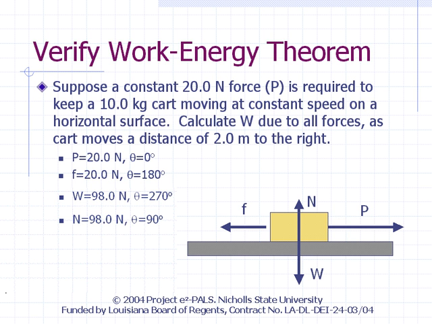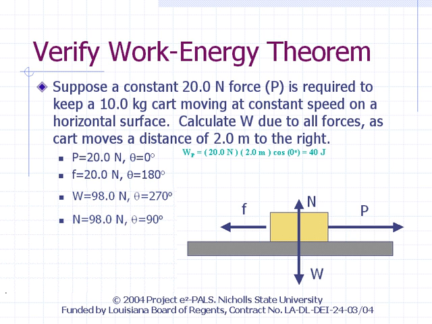The net vertical force is 0. The normal force, N, which is directed upward, is equal to the weight, that is 98 newtons. Theta for the normal force is 90 degrees. From these figures, we can verify the work-energy theorem by calculating the total work due to all the forces as the cart moves, say 2 meters to the right.